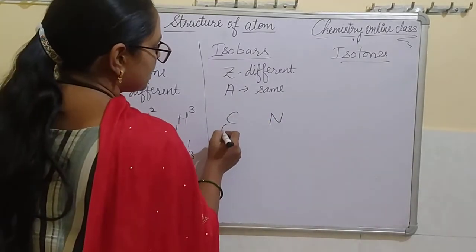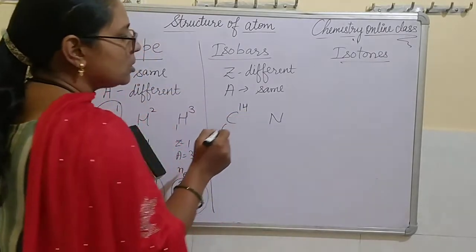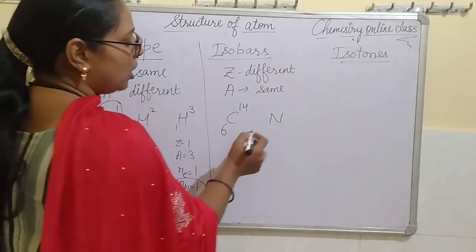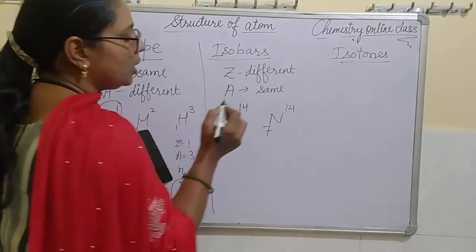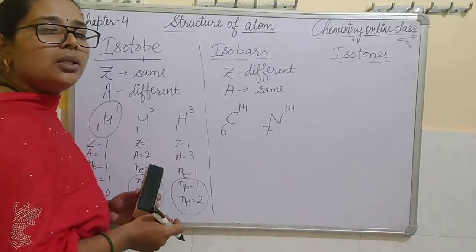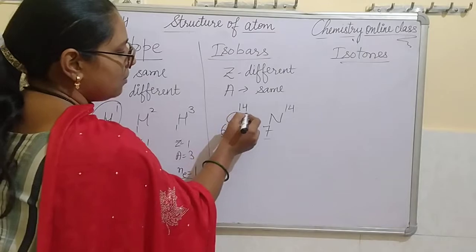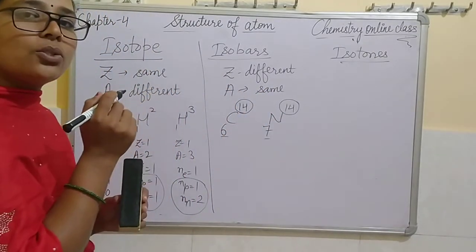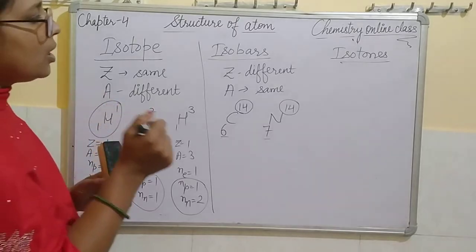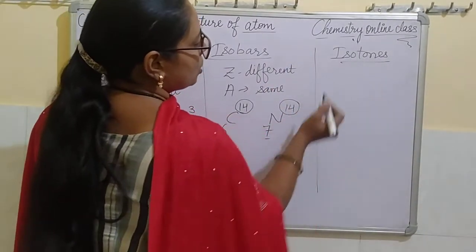Carbon has 6 as the atomic number and 14 as the atomic mass number. Nitrogen has 7 as the atomic number but 14 as the atomic mass number. They have different Z but the same atomic mass number. So these are isobars. Now the last term is isotones.